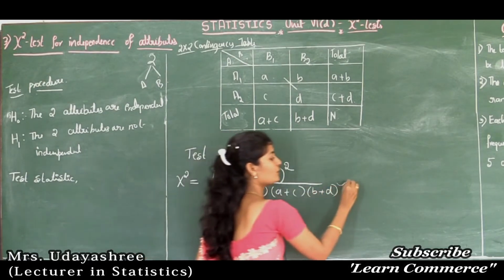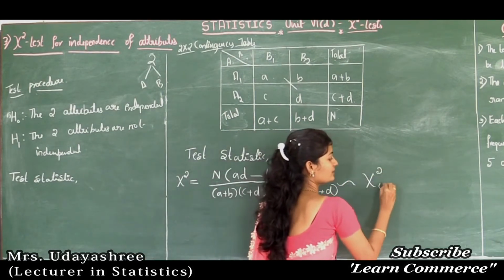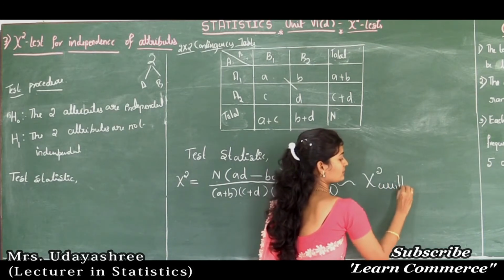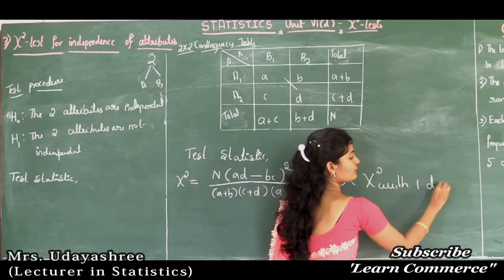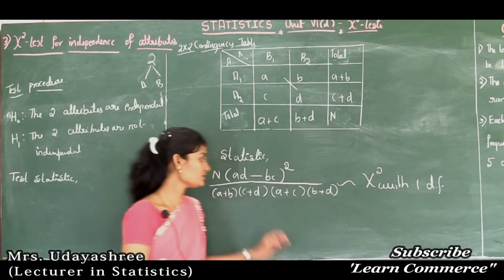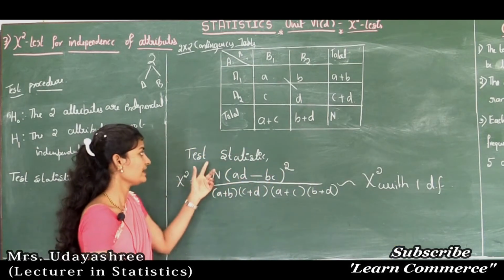This follows chi-square with 1 degree of freedom. I hope you understood how to write this test statistic.